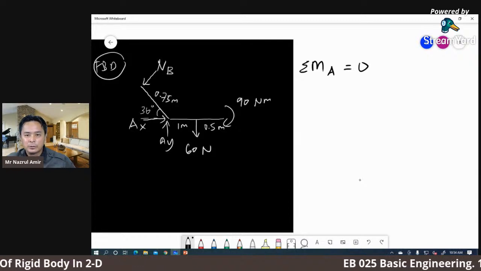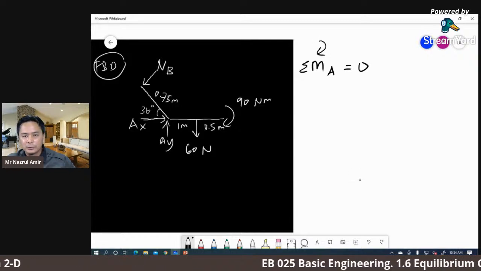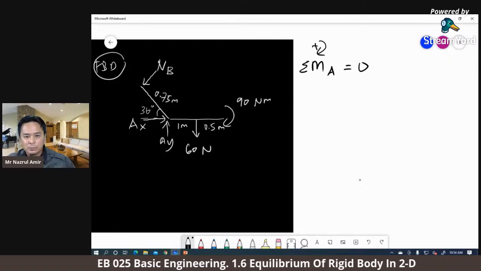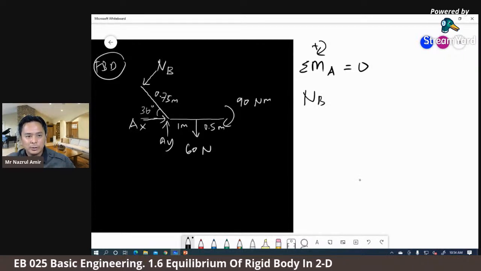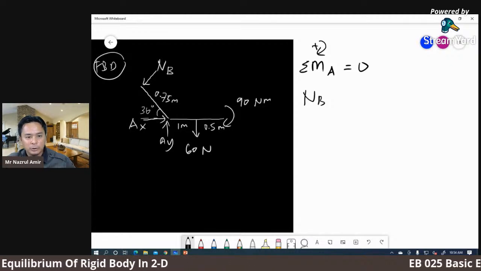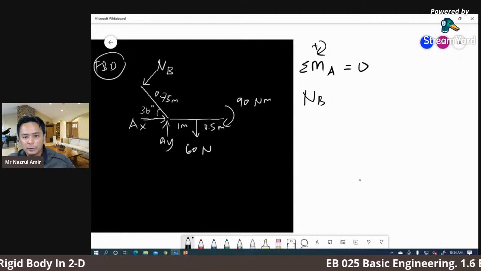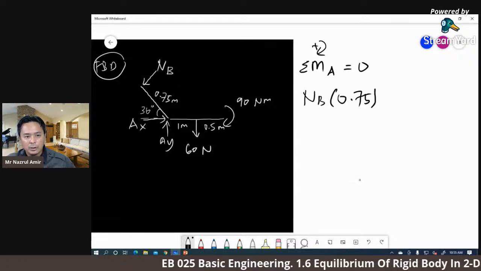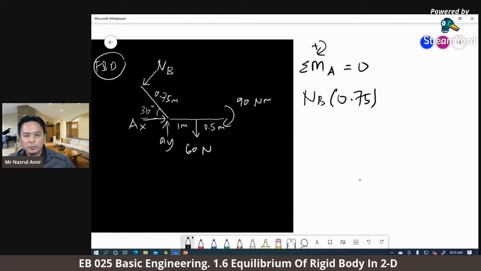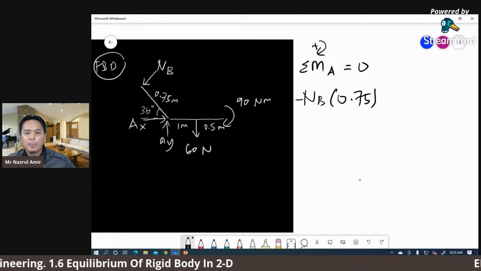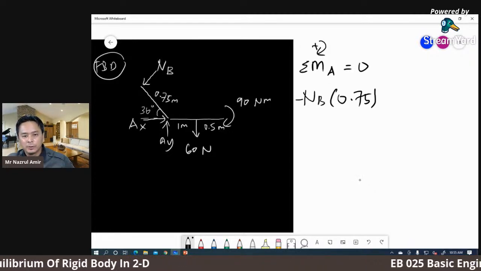Okay, and then assume the rotation is clockwise positive. Okay, we start with NB first. So NB times 0.75 produce moment at point A here. So NB times perpendicular distance 0.75. And we rotate anti-clockwise, so it will indicate as negative moment. Okay, negative moment, NB 0.75.